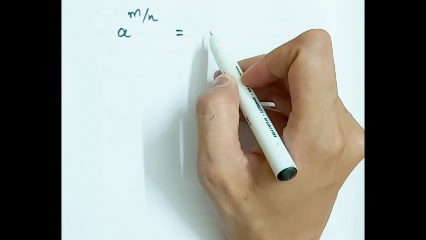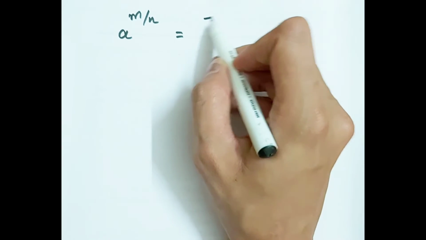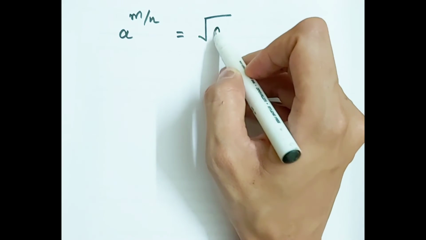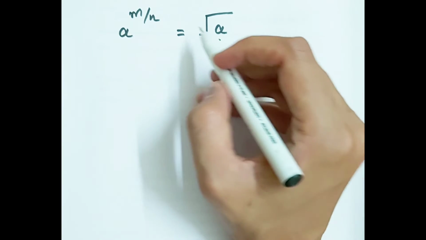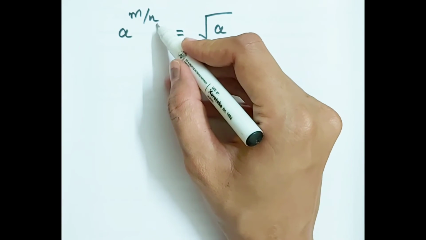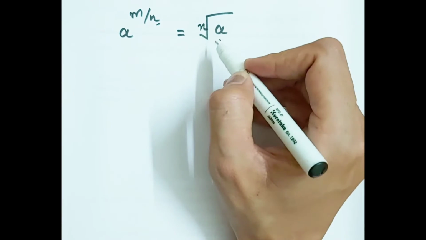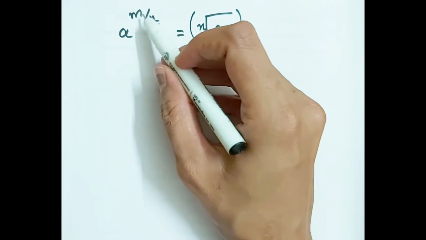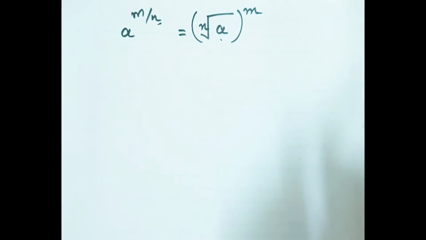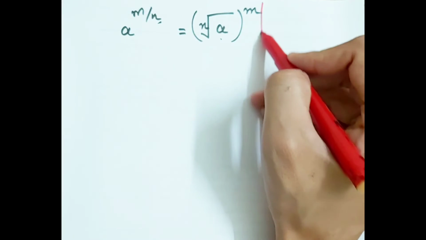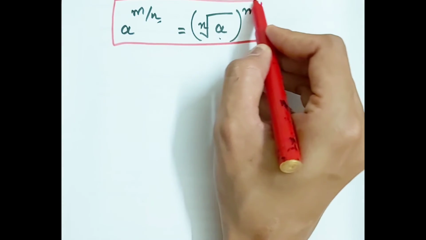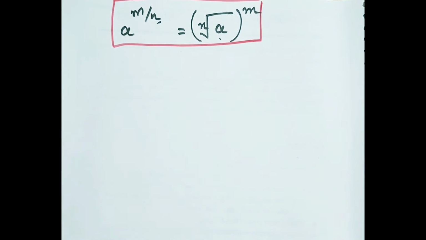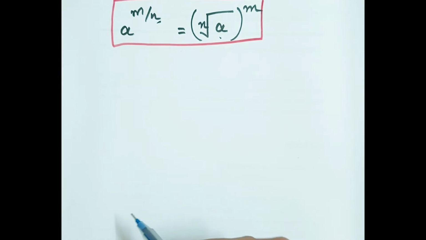If there is anything like this, you are just going to put the base value like this, and whatever is in the denominator is going to be our index value. Whatever is in the numerator is going to be an exponent of the whole bracket. I know it's very confusing, so we are just going to take some examples.